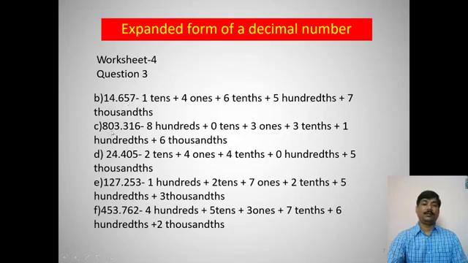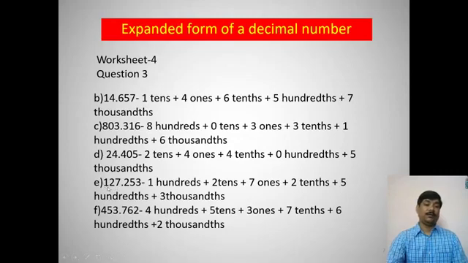In this one, 0 tens, 3 ones, 3 tenths, 1 hundredths, 6 thousandths. Similarly, in this number, 2 tens, 4 ones, 4 tenths, 0 hundredths, 5 thousandths.